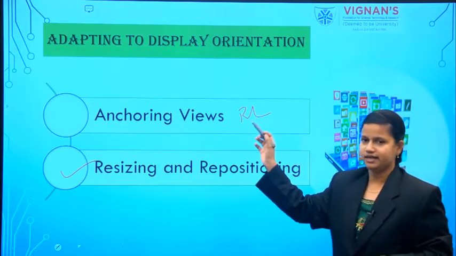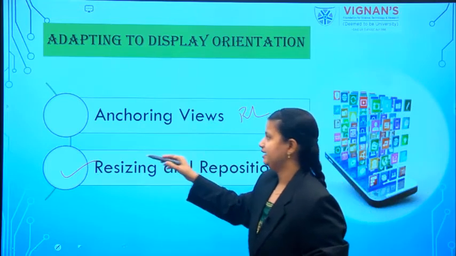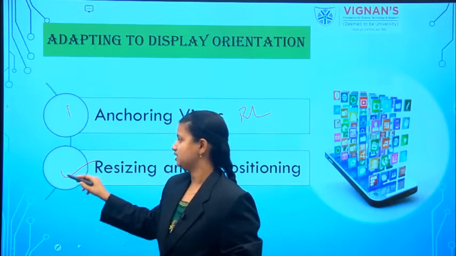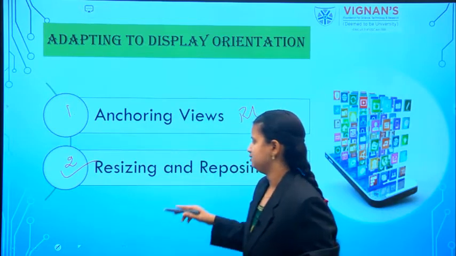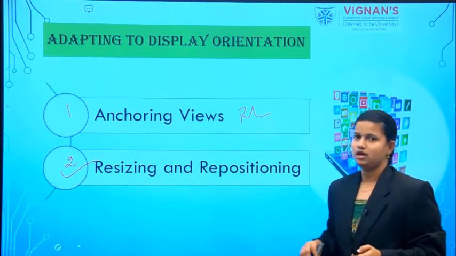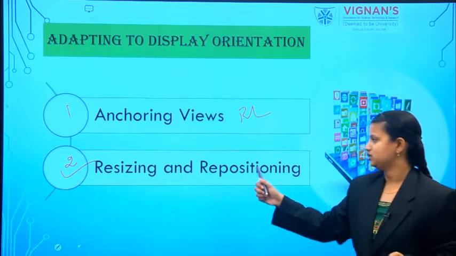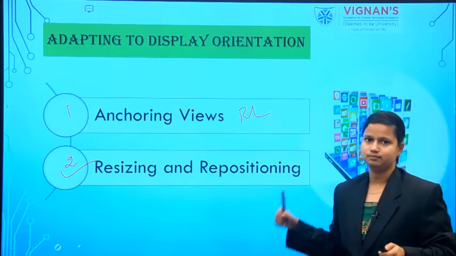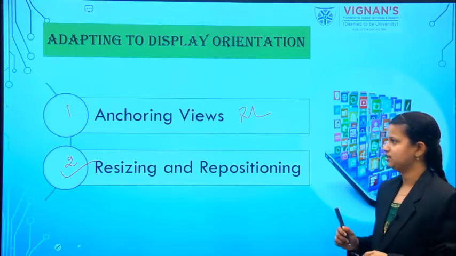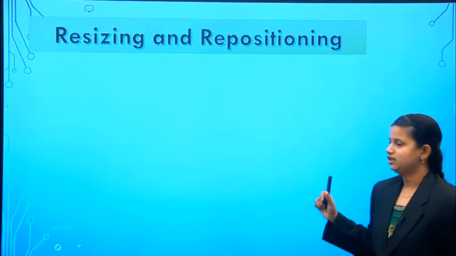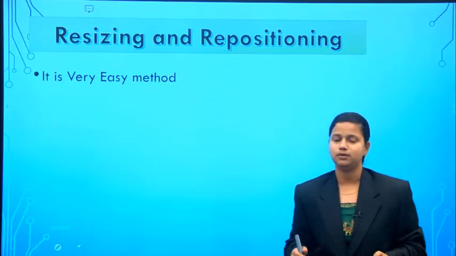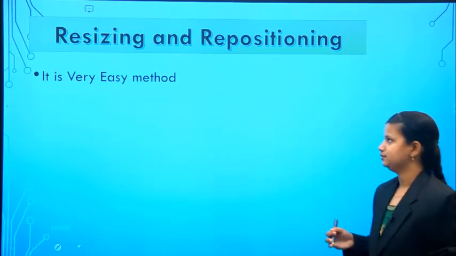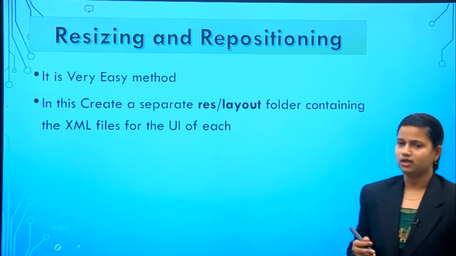The first technique uses a relative layout, and the second technique is resizing and repositioning. How do we apply the resizing and repositioning technique to the user interface? It is also one of the easiest methods to perform.